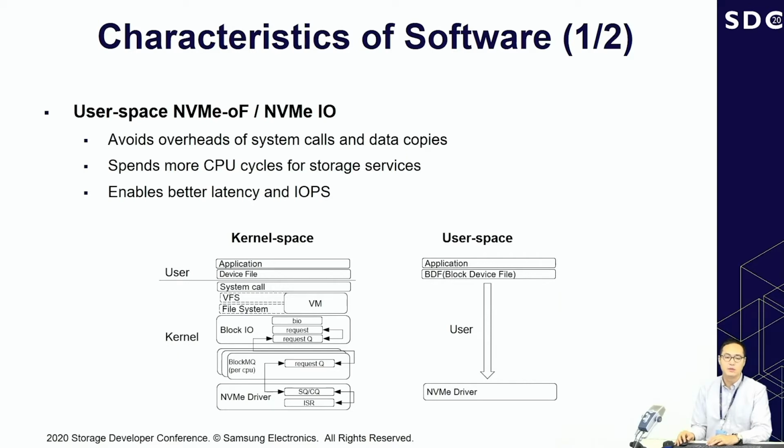With a user space driver, the user application can directly issue I/O to the NVMe device. So it can avoid the overhead of system calls and data copies. As a result, it can spend more CPU cycles on storage service, and thus can even enable better latency and IOPS.